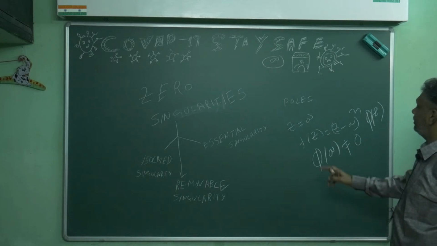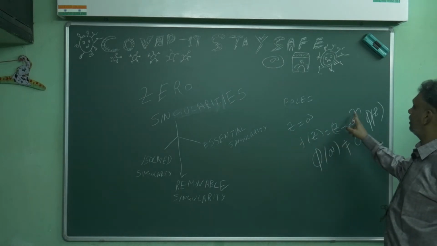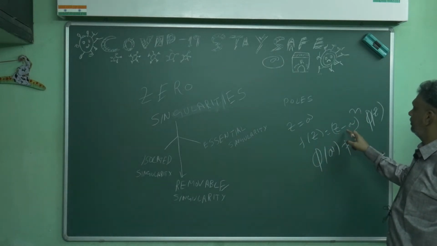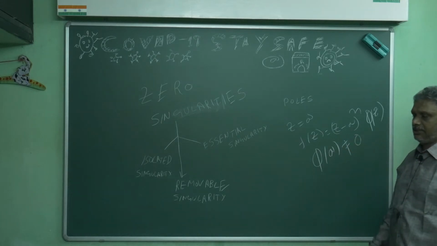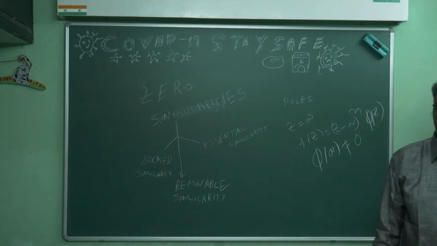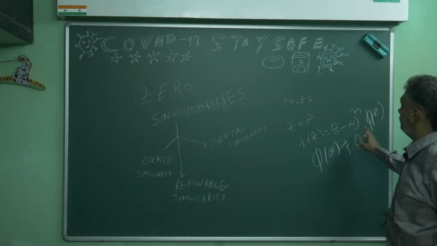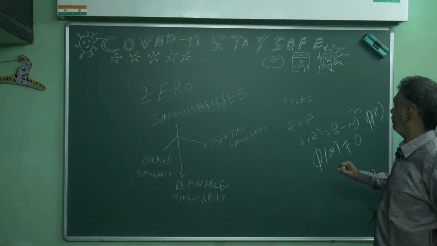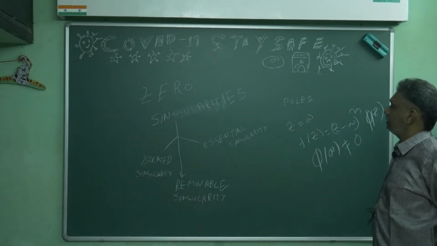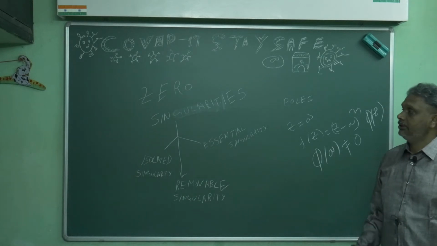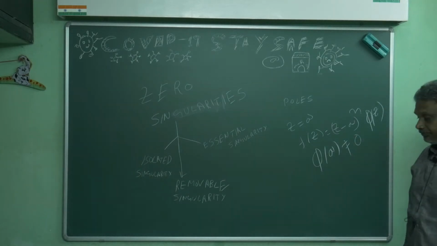This is the first fundamental theorem of algebra, the basic theorem of algebra. If n is equal to 1, we call it a simple zero. This is the case of zeros.